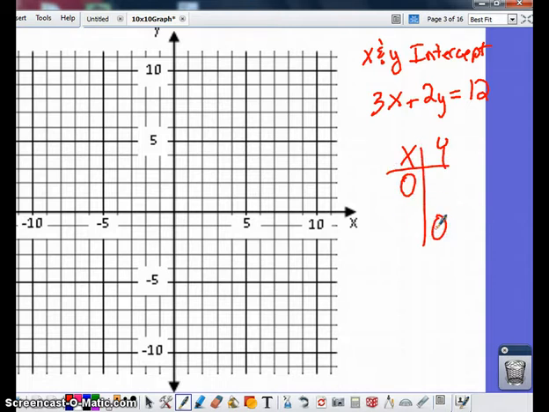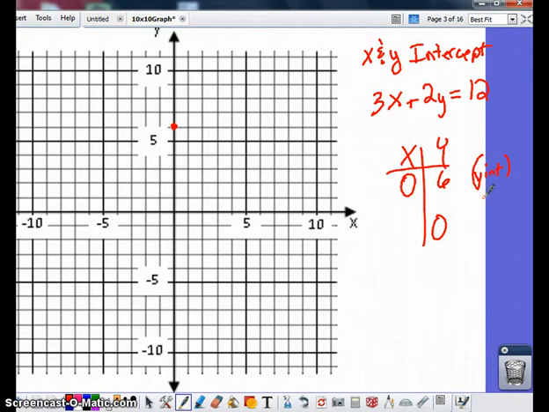In this case, I want to plug in 0. Plug in 0 for x, and I'm going to end up with 0 times 3 is 0, and then I'm going to be left with 2y equals 12, which means y equals 6. And if I graph that point, 0, 6, notice it crosses the y line at 0, 6. So if I plug 0 in for x, it actually gets me my y-intercept.